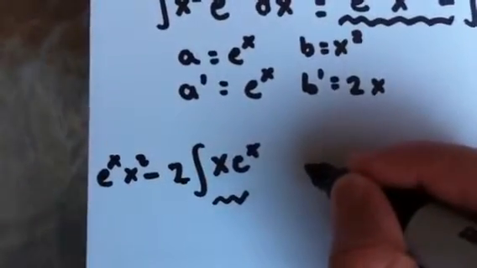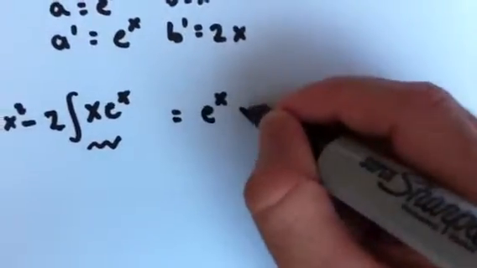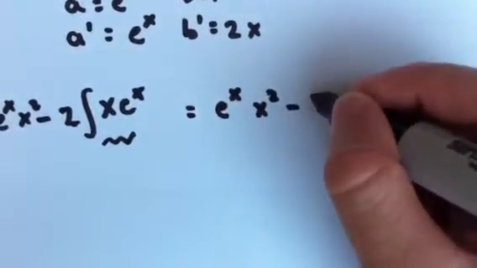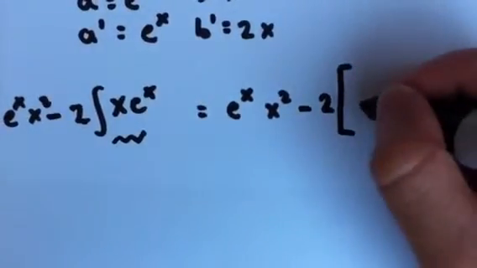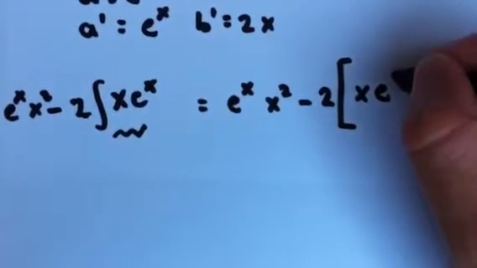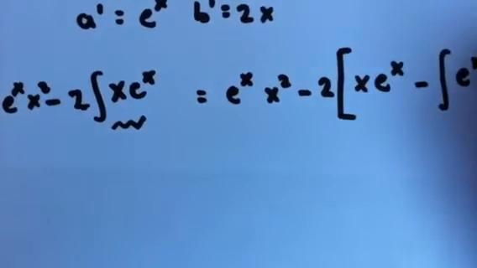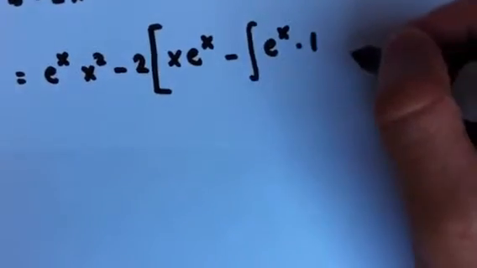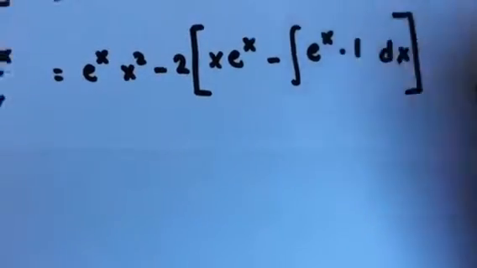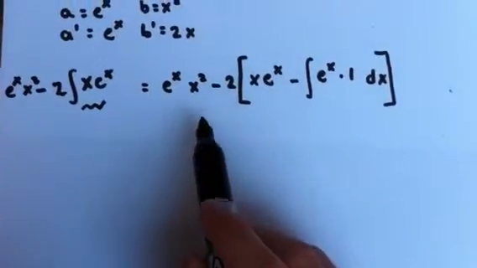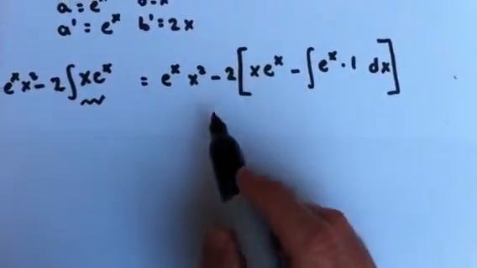So we will get e to the x times x squared minus 2 times, well, we're going to have x e to the x minus the integral e to the x times 1, and that's going to be dx. So I got this just from what we solved last time using integration by parts.